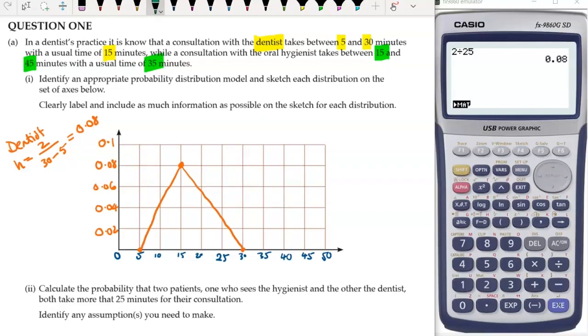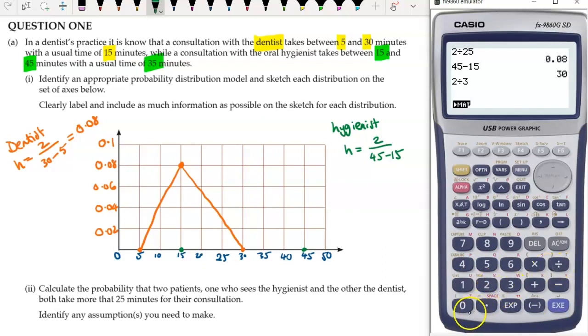Okay, now the, what was it, the hygienist? And make sure you're labeling them. I'm doing these in different colors to show which is which, but if you're just doing this with pencil in the exam, make sure you label which is which. Now the minimum for the hygienist is 15, maximum is 45. Now the height for the hygienist is 2 over 45 minus 15.